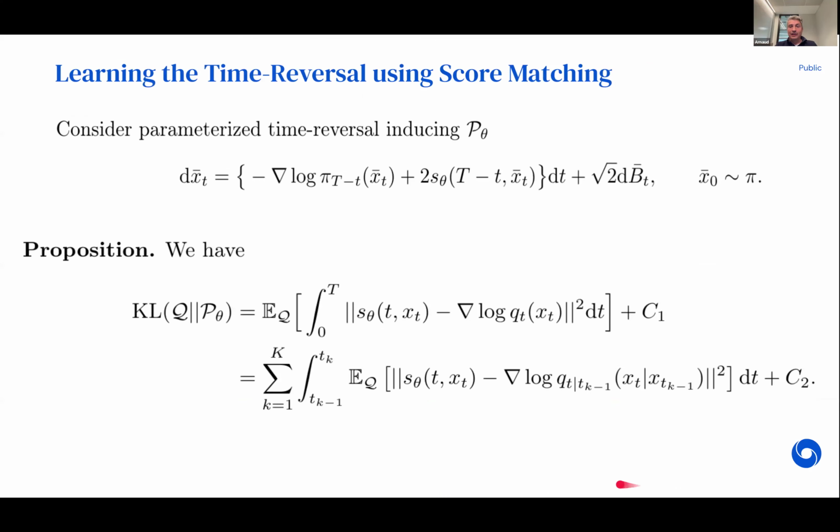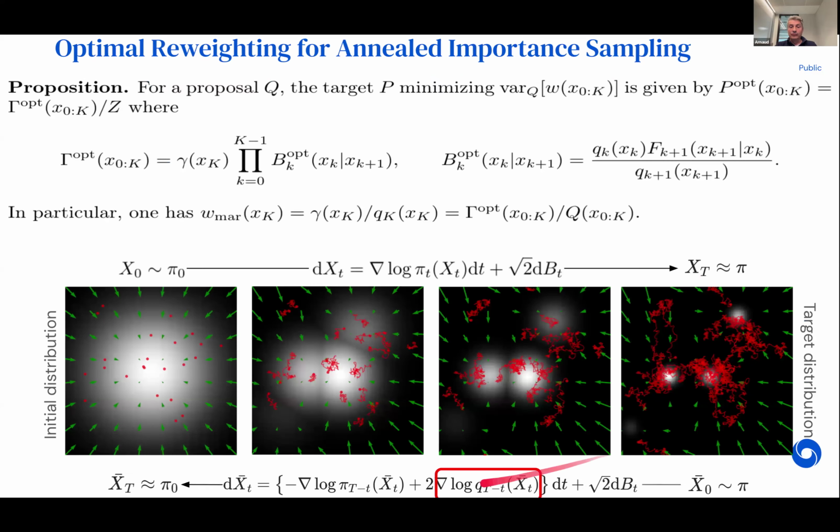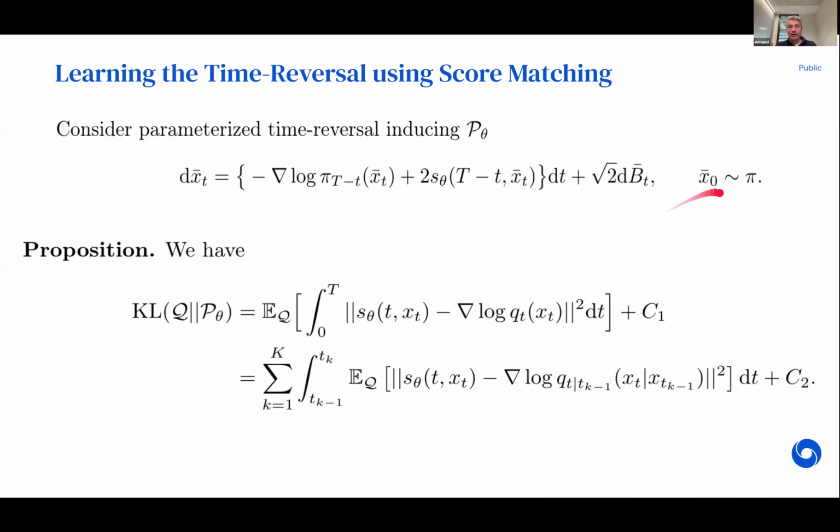So basically we're going to do something very machine learning. I need to approximate this time reversal here, and I don't have access to it. So what do I do?